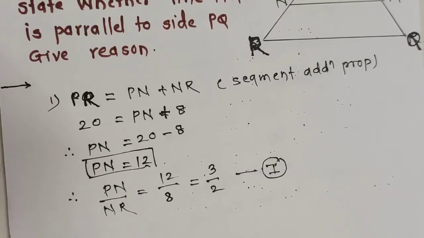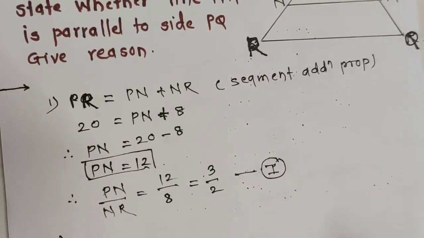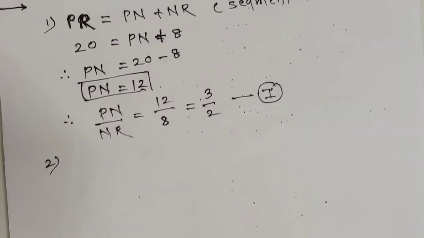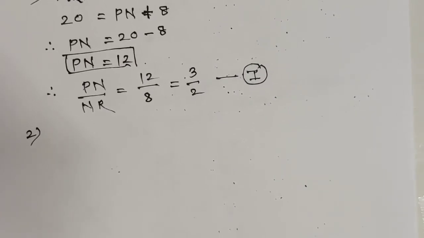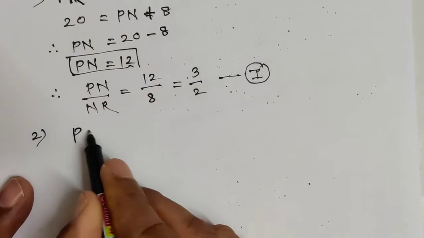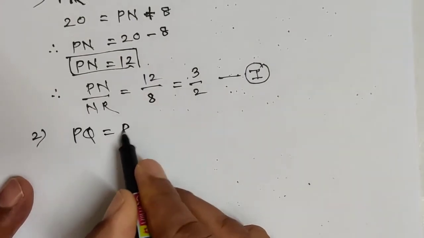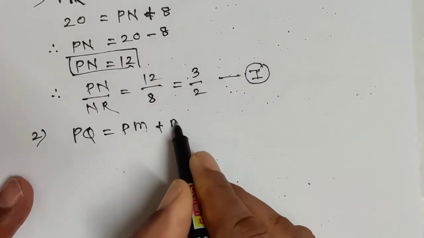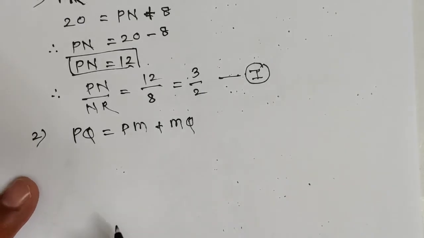Now second step, use this side PQ. Similarly we can write PQ is equal to PM plus MQ. Now which sides are given?